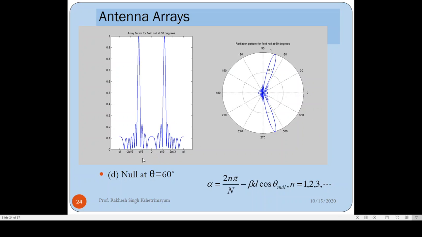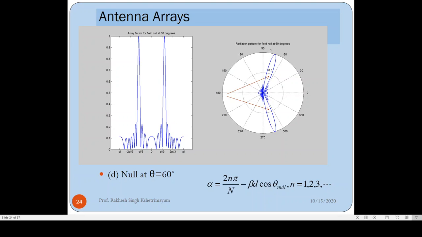So along the 60 degree direction you have a null. So according to our wish, we can tune the direction of the antenna array. So this was actually one of the motivations for the smart antenna array. Let's say you want to send a signal in one particular direction, and you don't want to send any signal in one particular direction.